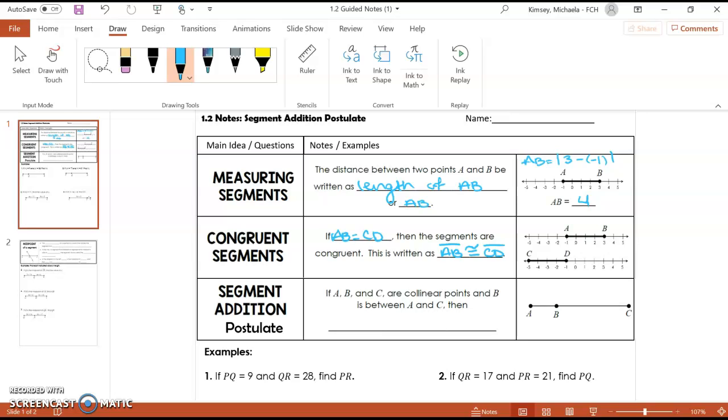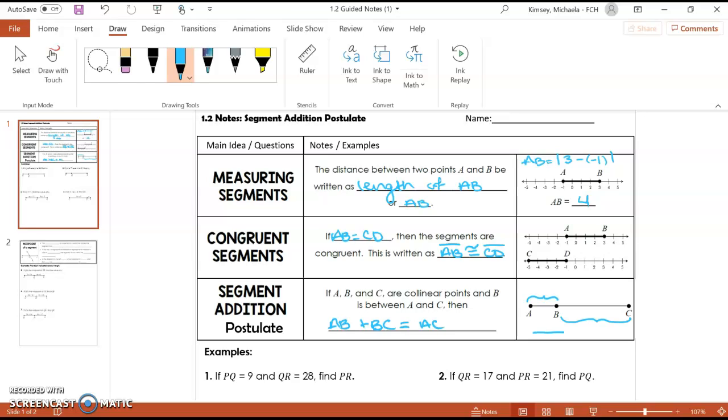Okay, so now the segment addition postulate. It's kind of exactly how it sounds. We're just adding two segments together. If we have AB plus BC, so AB is right here, and then BC is here, then that is going to give us AC.